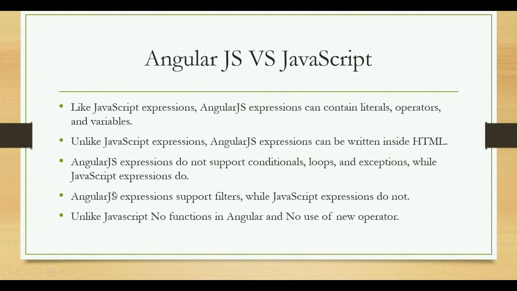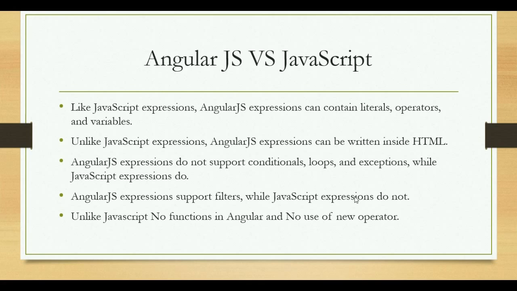The next is AngularJS expressions support filters while JavaScript expressions do not. So in JavaScript, basically you do not have any filters, but in AngularJS it supports many kinds of filters.